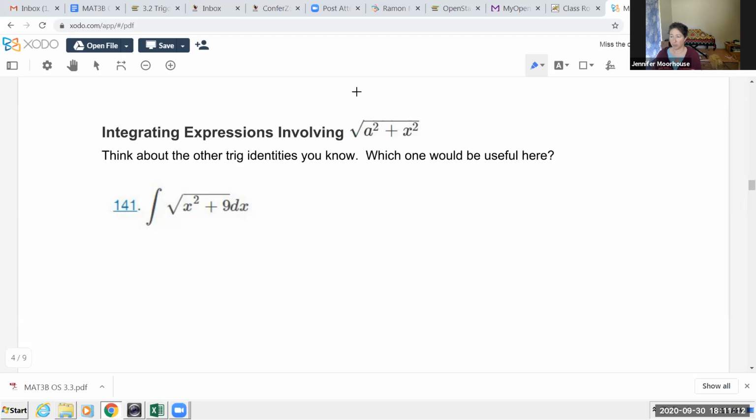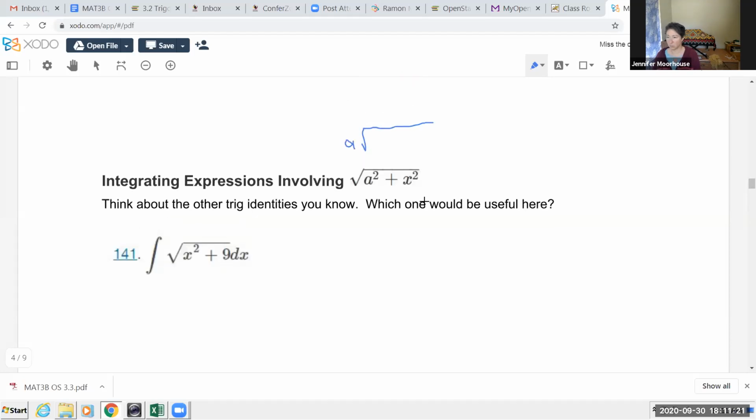I want to think of it as a times the square root of 1 plus x over a squared. So I want to think about a trig identity that has a 1 plus something squared equal to something else.